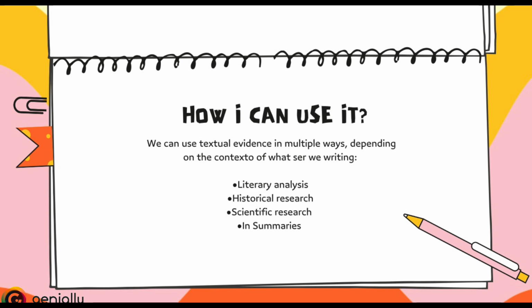Scientific research also relies on textual evidence to present and support findings. In scientific papers, researchers provide detailed descriptions of their methods, experiments, and results, along with references to previous studies or scientific principles.